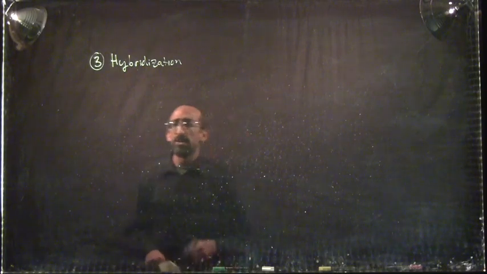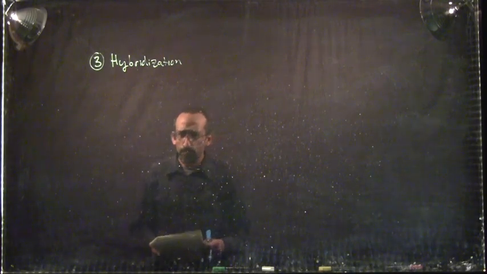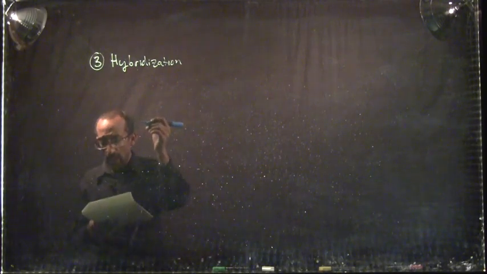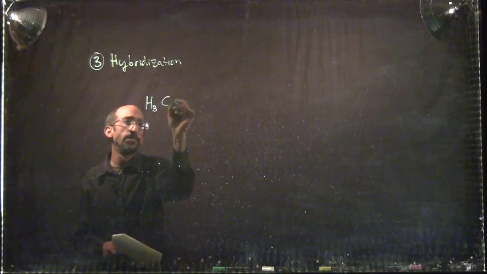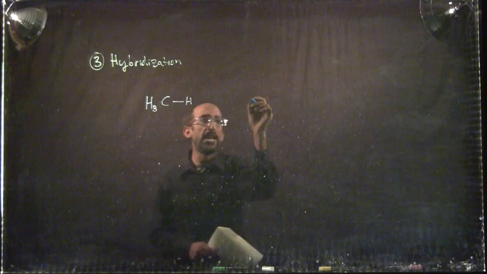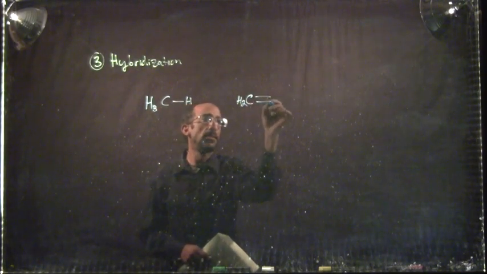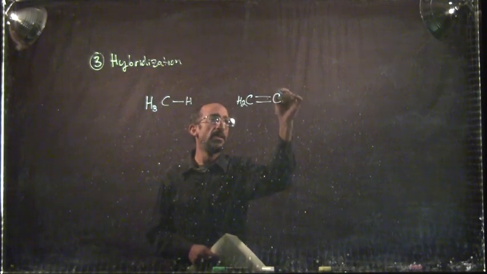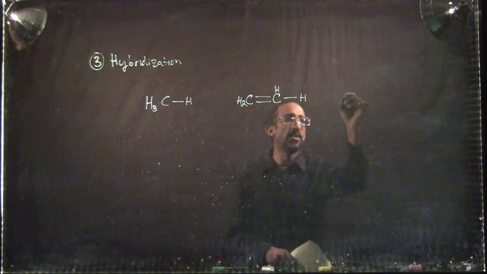So what I'm going to do is put three different carbon acids, so to speak, with different hybridizations. Once again, here we're going to start with methane. We're going to take a look at an alkene as well. And then finally, we're going to take a look at an alkyne.